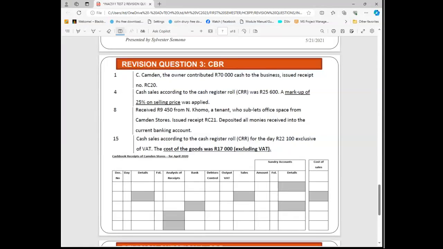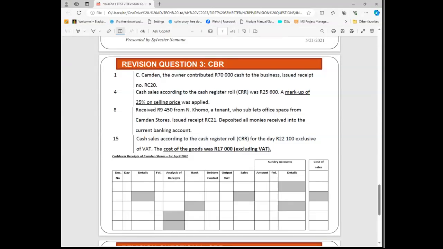How do you think we will approach the first? The owner contributed 70,000 cash to the business.